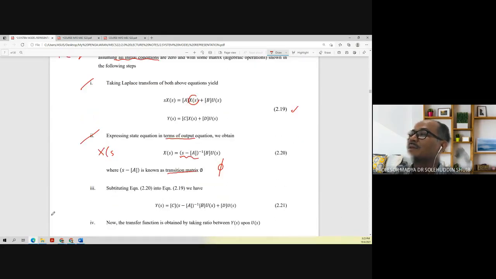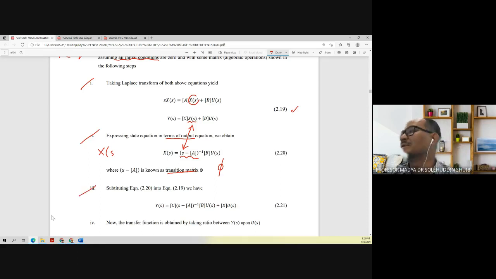And then you substitute equation 2.19 into equation 2.18. Equation 2.19 you substitute into this equation, so you're going to get Y(s). So this X(s) you get from here, and you substitute. What you're going to get is C times (sI minus A) to the power minus 1 times B U(s) plus D U(s).